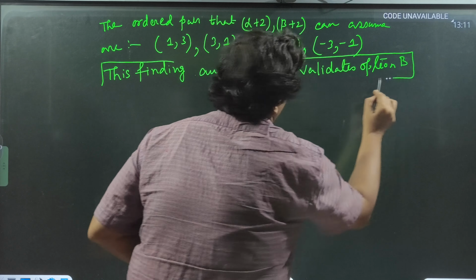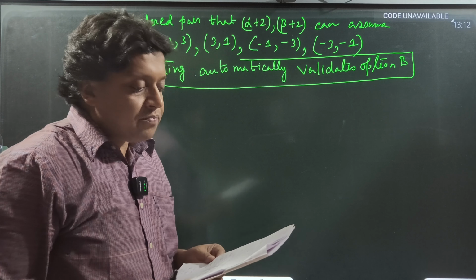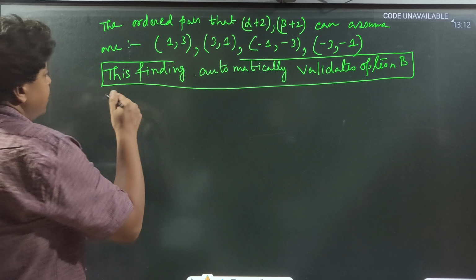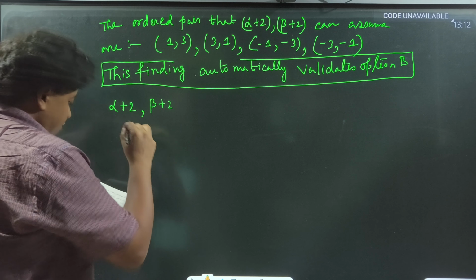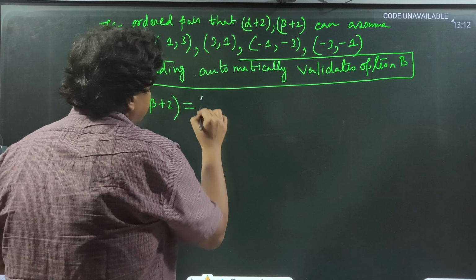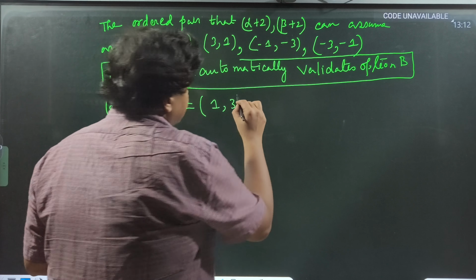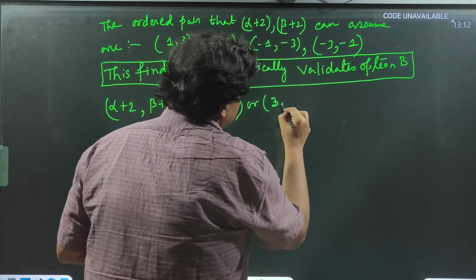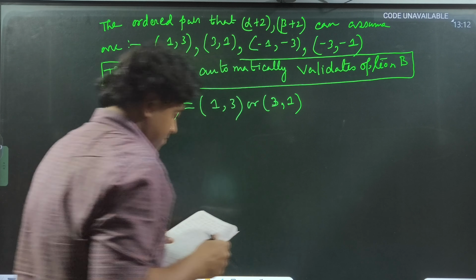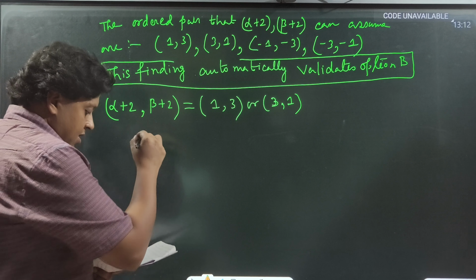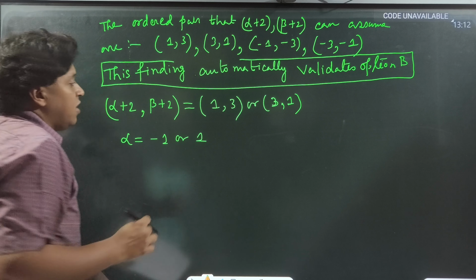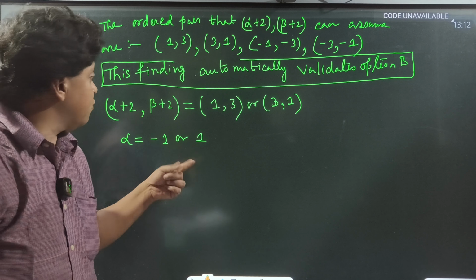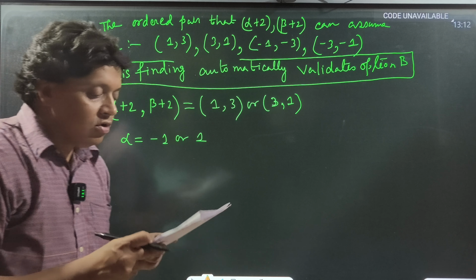If you can go up to this, then you will get fractional marking, if you do not tick any incorrect option. Now if we assume that alpha plus 2 comma beta plus 2 is the ordered pair 1 comma 3 or 3 comma 1, then alpha is equal to minus 1 or plus 1. If alpha plus 2 is 1, then alpha is equal to minus 1, and if alpha plus 2 is 3, then alpha is equal to 1.